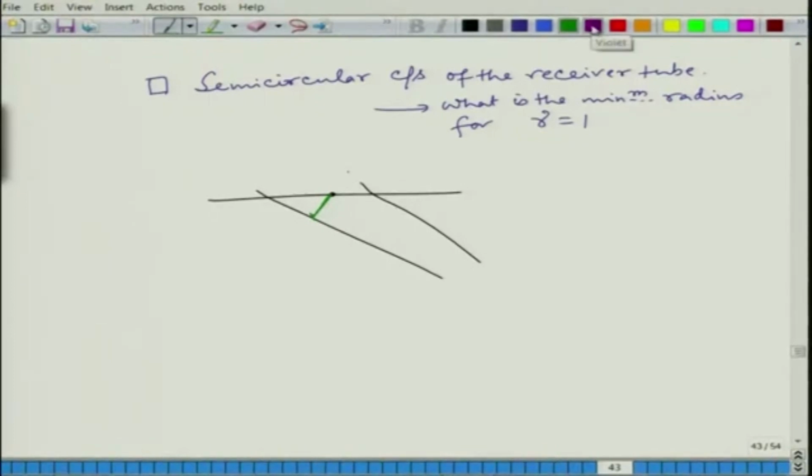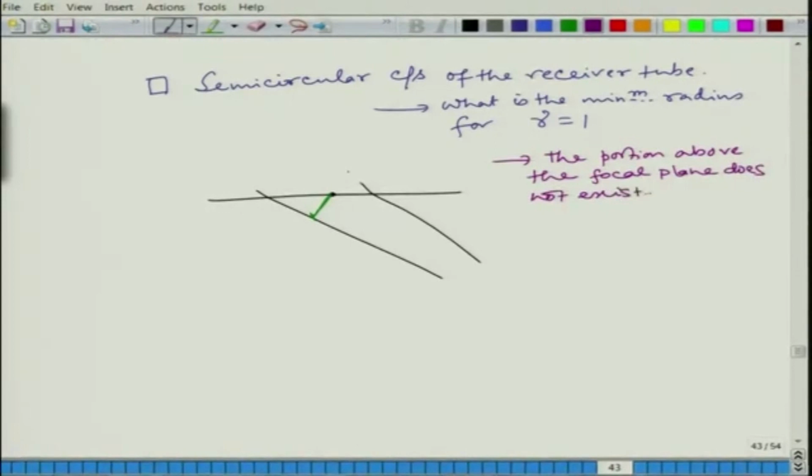But in this case for semicircular one, the portion above the focal plane does not exist, isn't it?